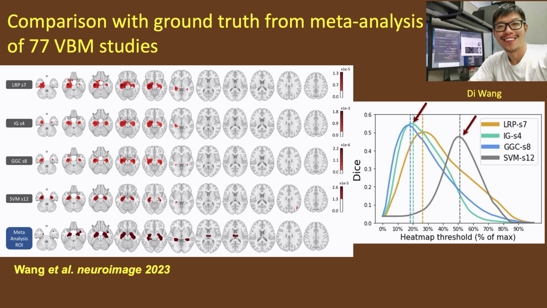One interesting finding that we have is that the deep neural networks have higher accuracy in predicting Alzheimer's disease compared to support vector machines, but also they have higher DICE overlap with the meta-analysis, as we can see here in these curves.